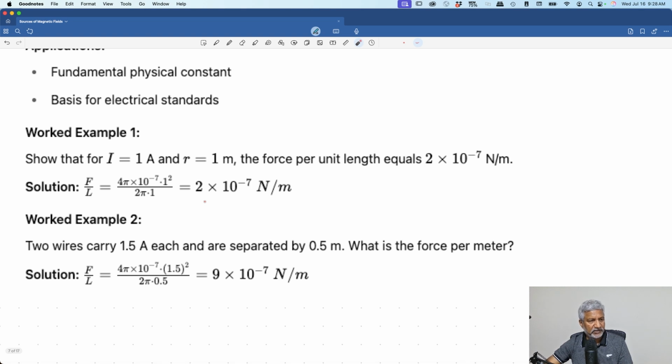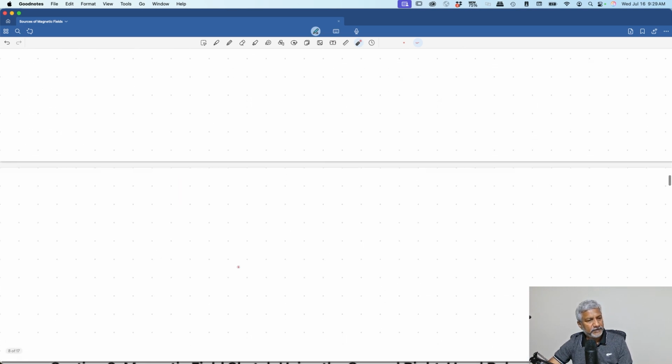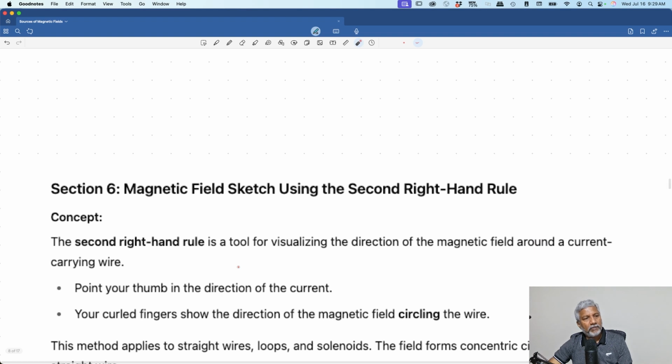Here is a question which you may look at as simply a substitution of the numbers into the formula. If both wires are carrying 1.5, of course, instead of I1, I2, it becomes 1.5 squared. All right. That brings us to the second right-hand rule, which we actually looked at in the previous chapter, so I'm not going to take too much time on that.